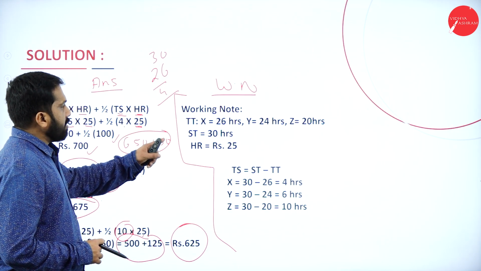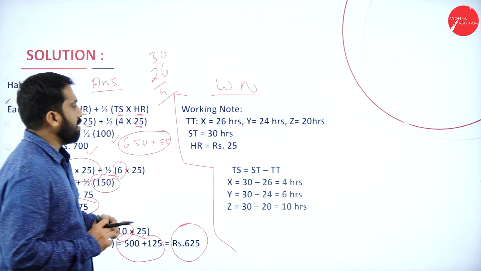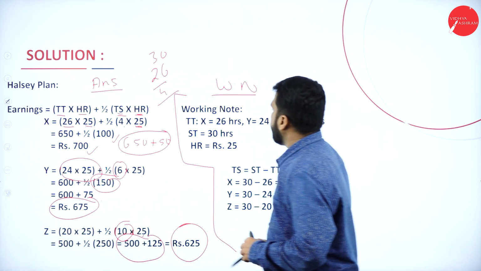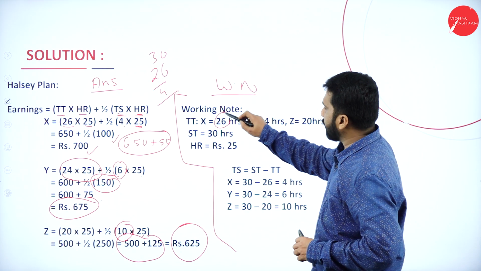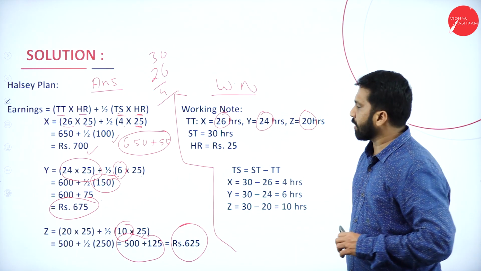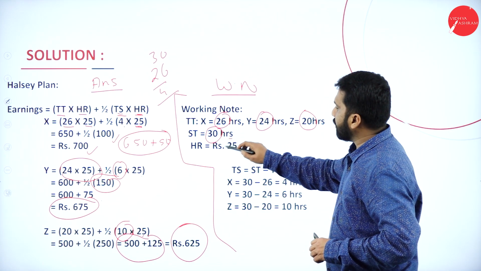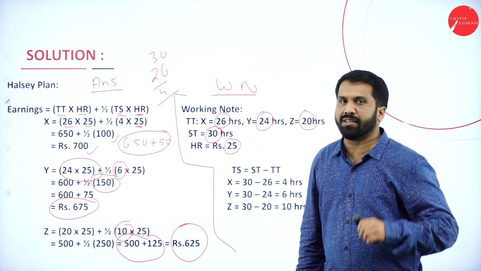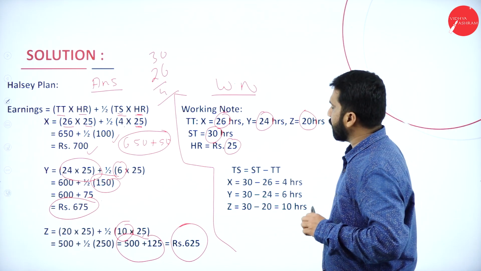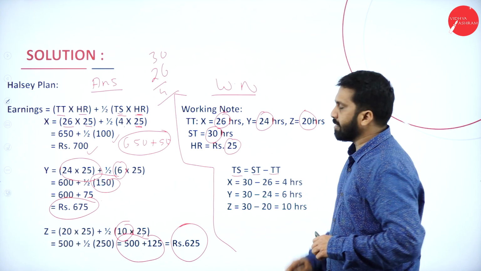These are the information you have extracted from the question paper: time taken, x is 26, y 24, z is 20 hours. Standard time given is 30 and hourly rate given is 25. Now, time saved is equal to standard time minus time taken.